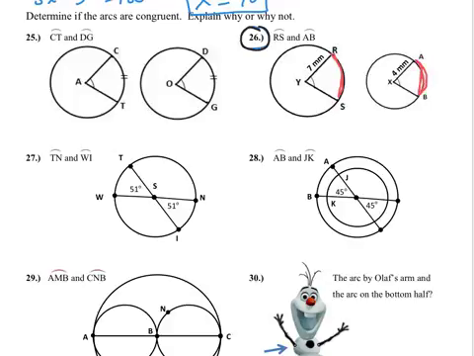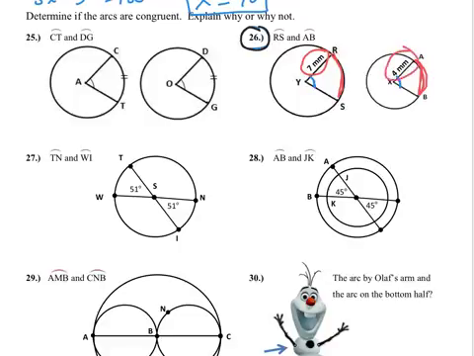Well, the first thing to notice is these are two separate circles. So for those arcs to be congruent, because you can see that these central angles are congruent, but for the arcs to actually be congruent, those circles have to be congruent circles, or the same size. Looking at the radius for circle 1, that's 7 millimeters.